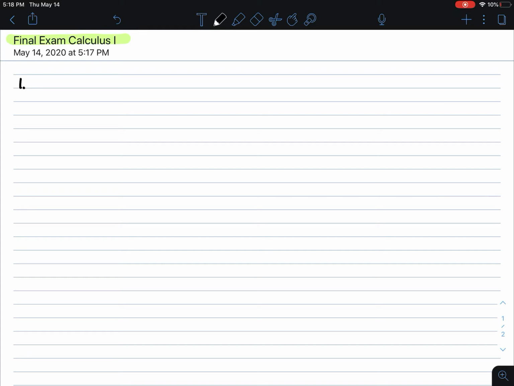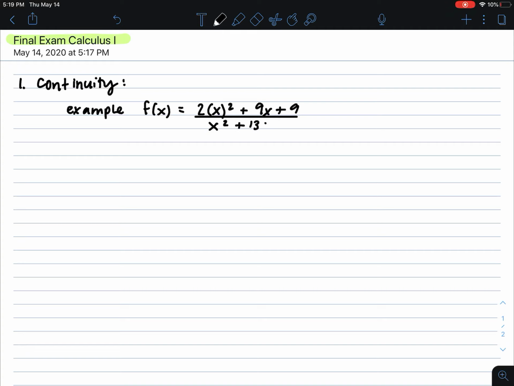know when a function is continuous versus not continuous. For example, if we have f of x equals 2x squared plus 9x plus 9 over x squared plus 13x.